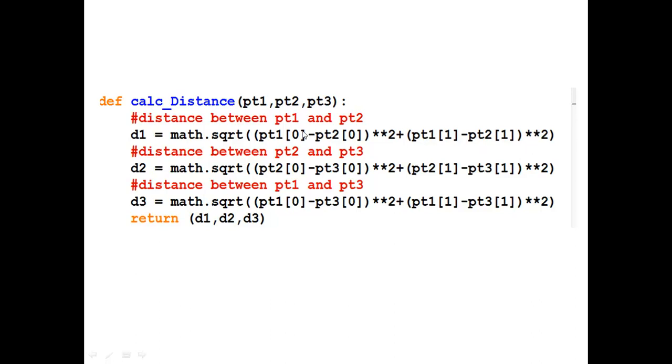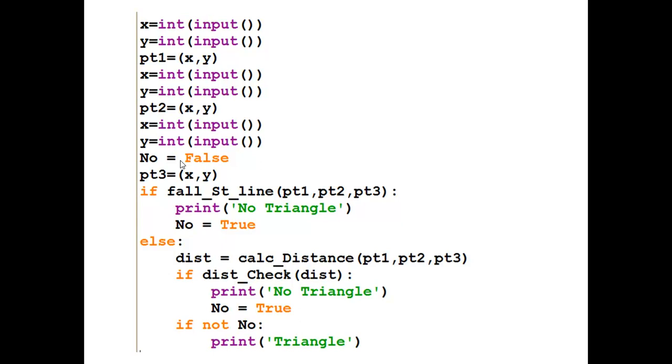They have followed that formula, finding the distance of each side: length 1, length 2, length 3. I just mentioned the same thing. They return all these three values at the end. So that will be returned here, and if it is lesser, then that will print as no triangle.